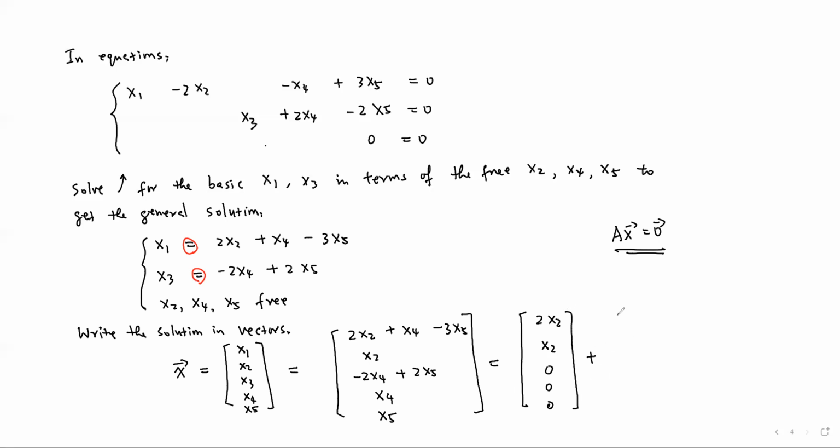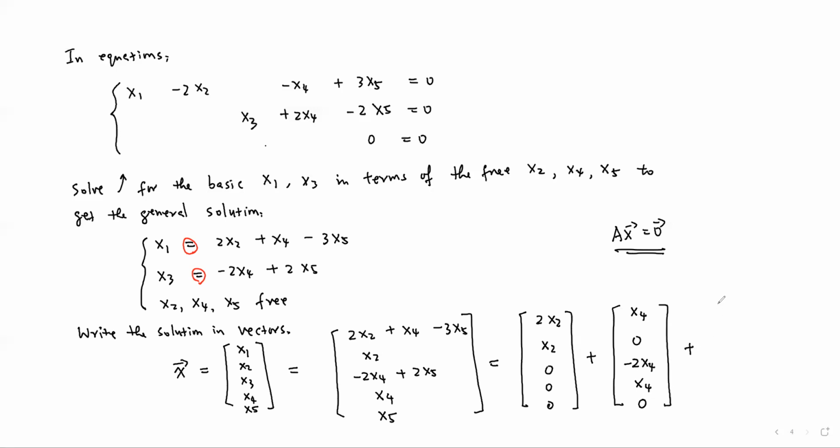Then plus the second vector, which is for x4. Here, the second entry has no x4, so put 0. The third entry has negative 2x4. The fourth entry has x4. The fifth entry, no x4, so put 0.